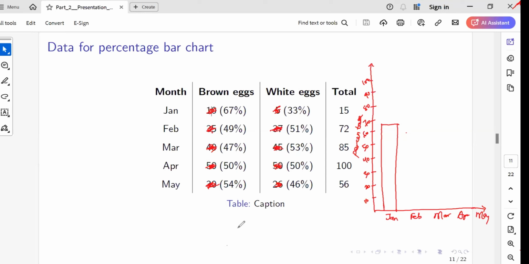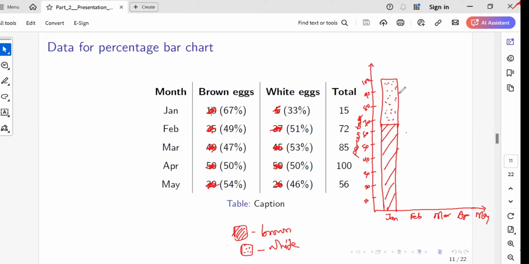Once again, let me use my diagonal for brown X and then my dots for white X. So January, 67 for brown X and then 33% for white X. 67 plus 33 is going to give us 100. So it goes all the way to 100. So this is my brown X and here is my white X.